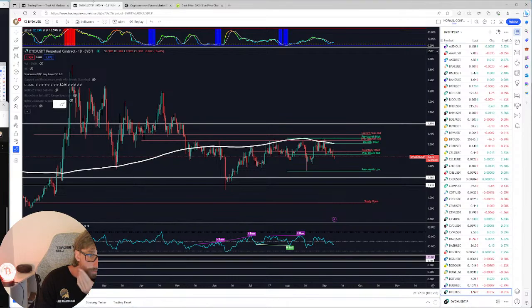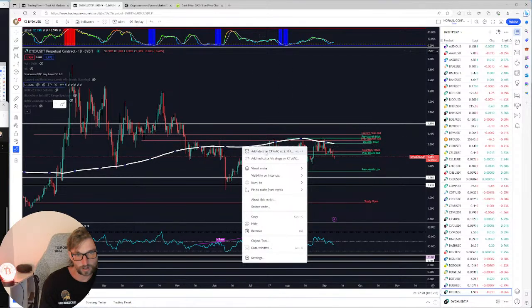The IDX. That's an interesting chart. See, it doesn't close above the 200. Not for months and months, like 5 months or something. It just does not close above it.